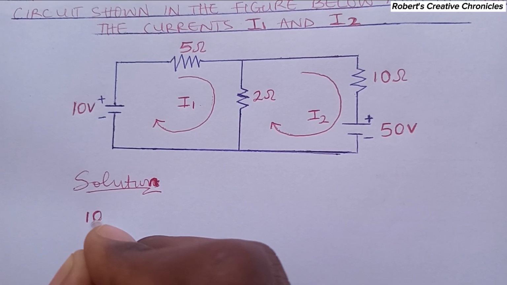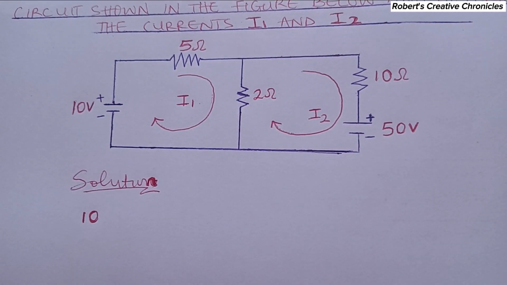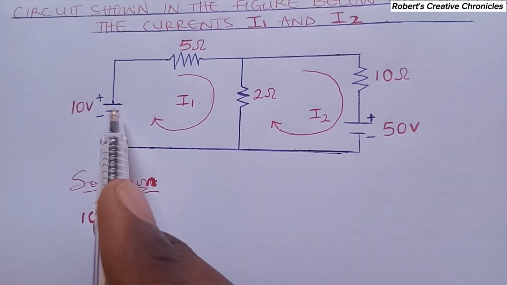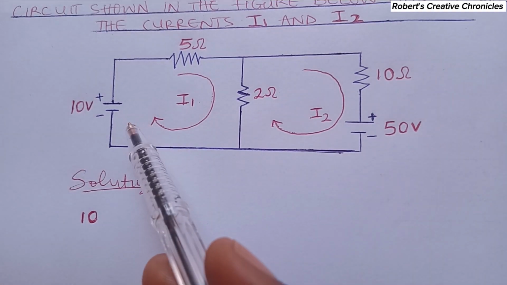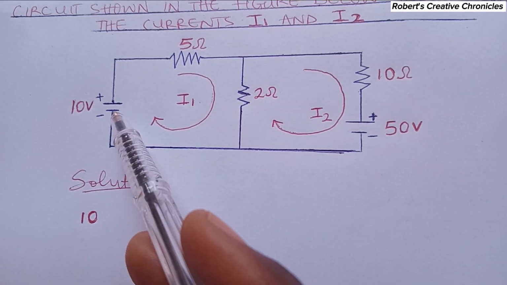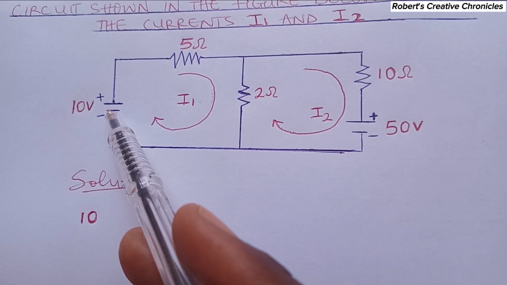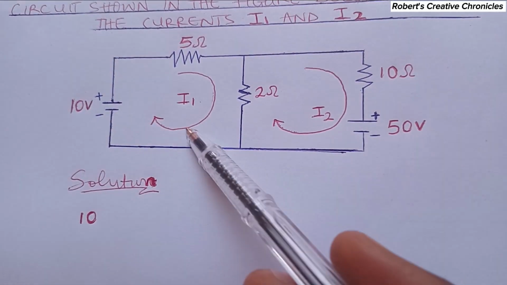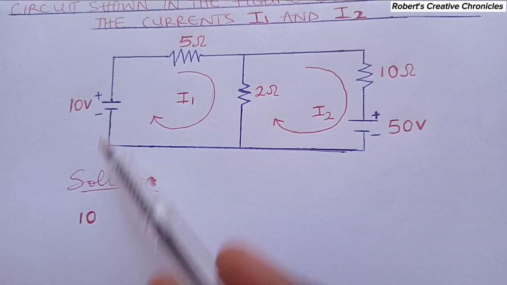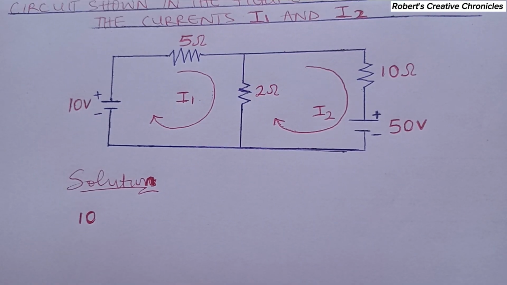It will be positive 10, because there's a rise in voltage from negative to positive. It's like it has moved from a negative value of voltage to a positive value. If you are moving in anti-clockwise manner, it will move from positive to negative, so your voltage here will be negative. But since we are moving like this, it's positive now.